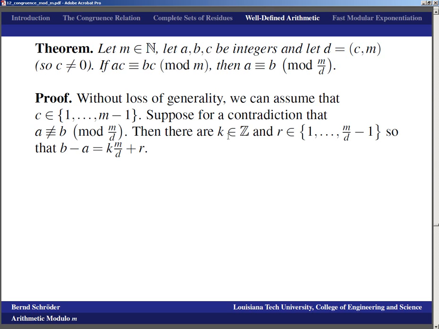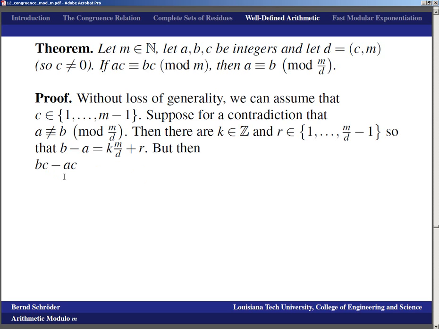Well, that means that there is an integer k and a remainder r between 1 and m over d minus 1, and it's important that r has to be smaller than m over d, so that b minus a is equal to k times m over d plus r, right? So the division of b minus a by m over d does not give us a remainder 0. That's what it means for a to be not congruent to b modulo m over d.